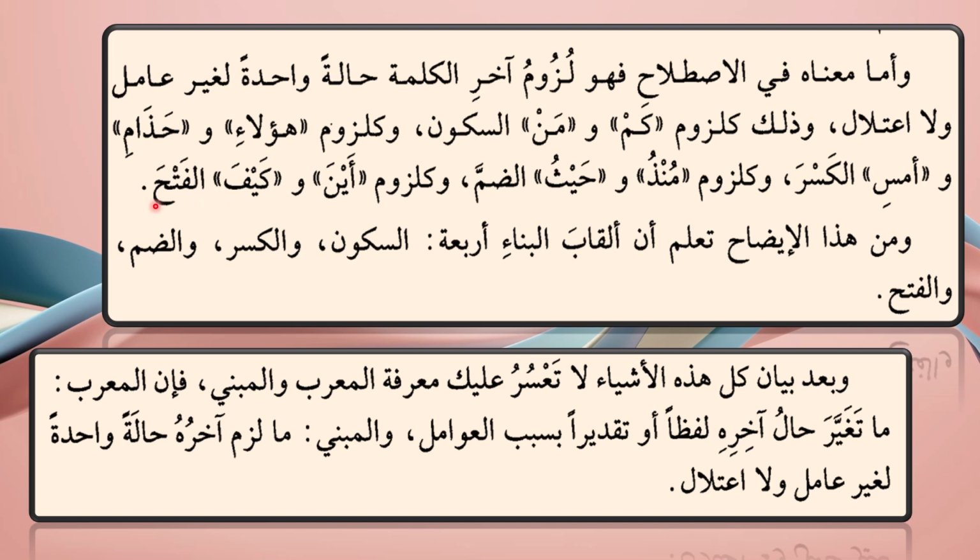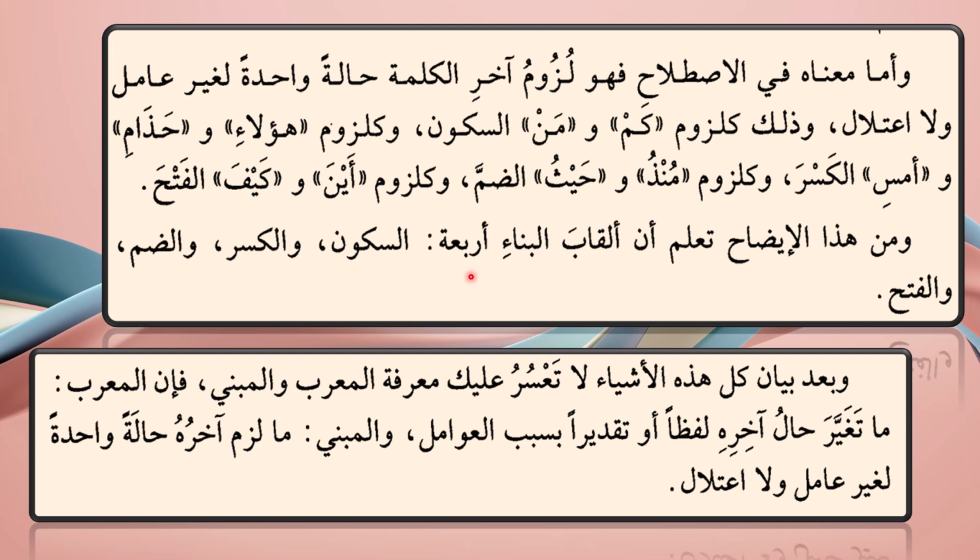So all these are nouns, even though they are questioning tools or zarf or ismul isharah, they are all considered to be nouns. They all fall under the category of noun. So you see, they are built on one structure. They have their own haraka at the end, that is cemented, if I can say.